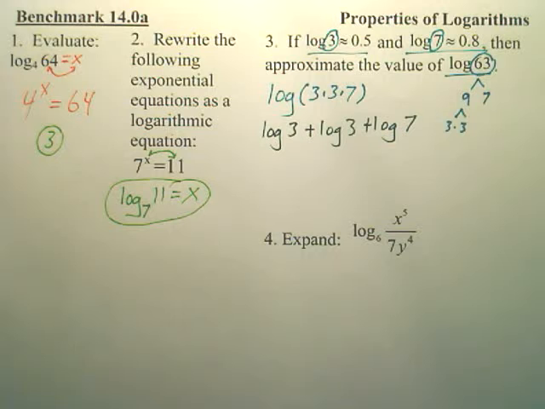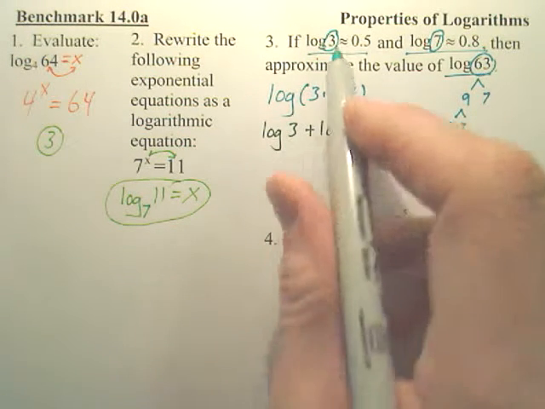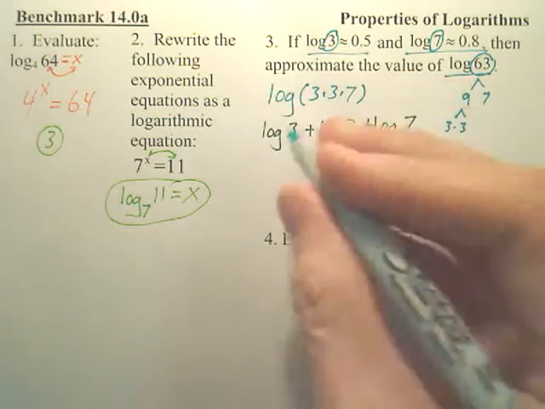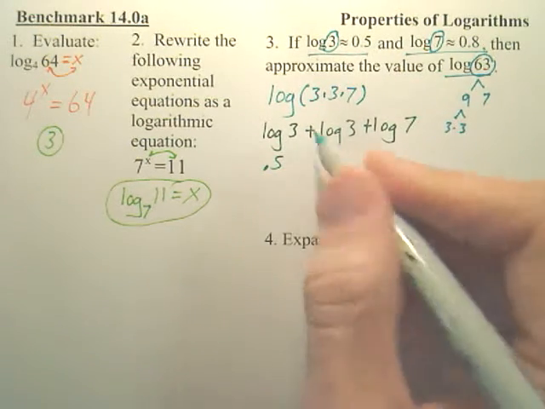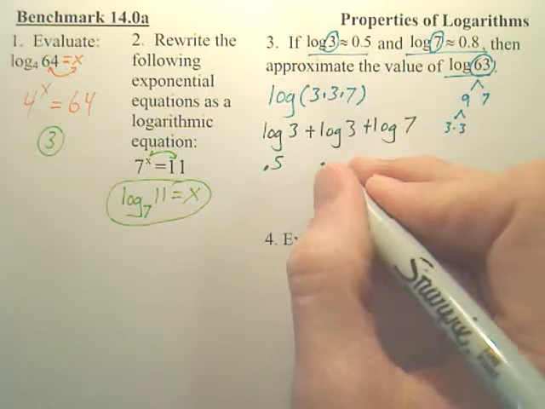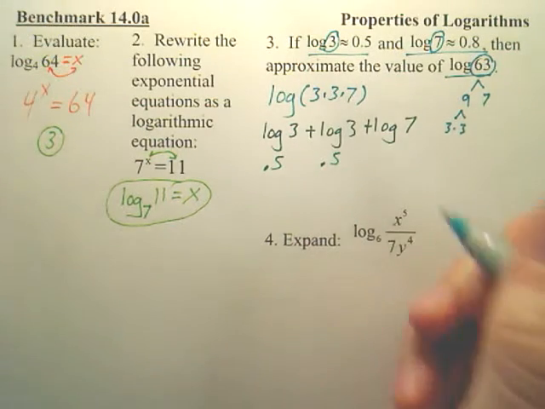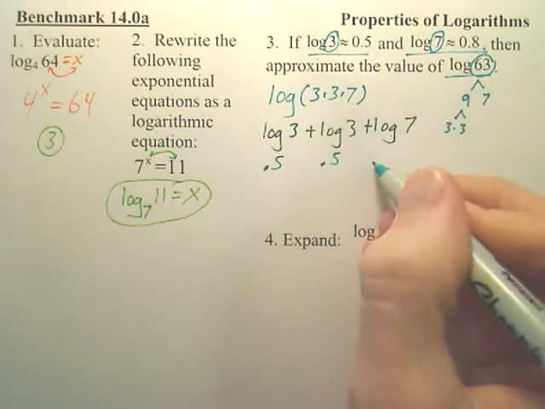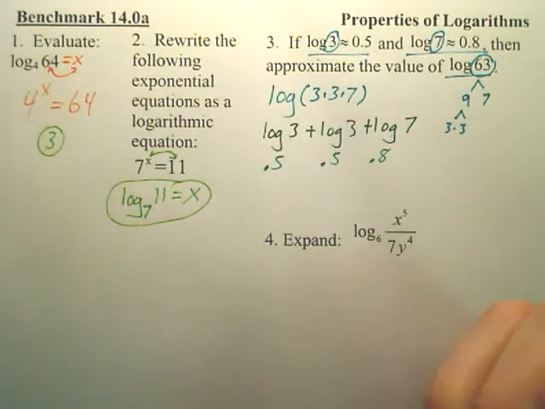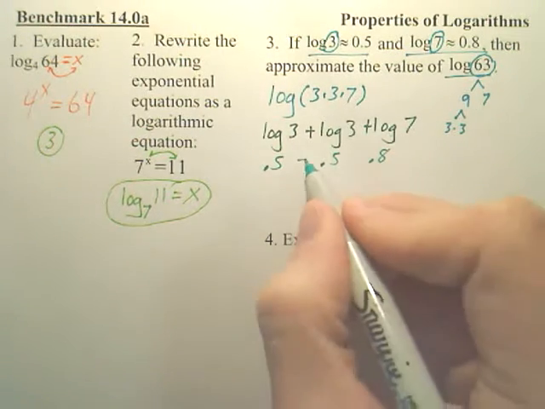And then, what's also kind of weird here, is you could also look at this. Do we know the value of this one? Isn't this 0.5? Isn't this 0.5? Isn't this 0.8? Do we know the values of each of those?